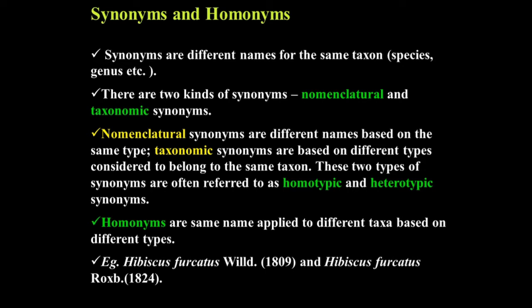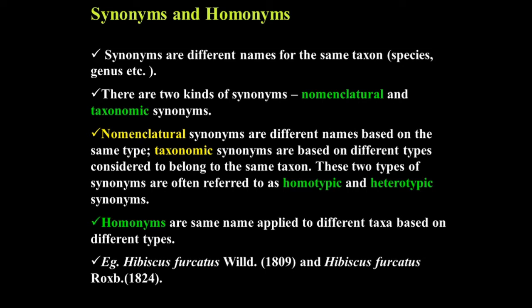So the taxonomic synonyms are based on different types considered to belong to the same taxon. These two types of synonyms are often referred to as homotypic and heterotypic synonyms.